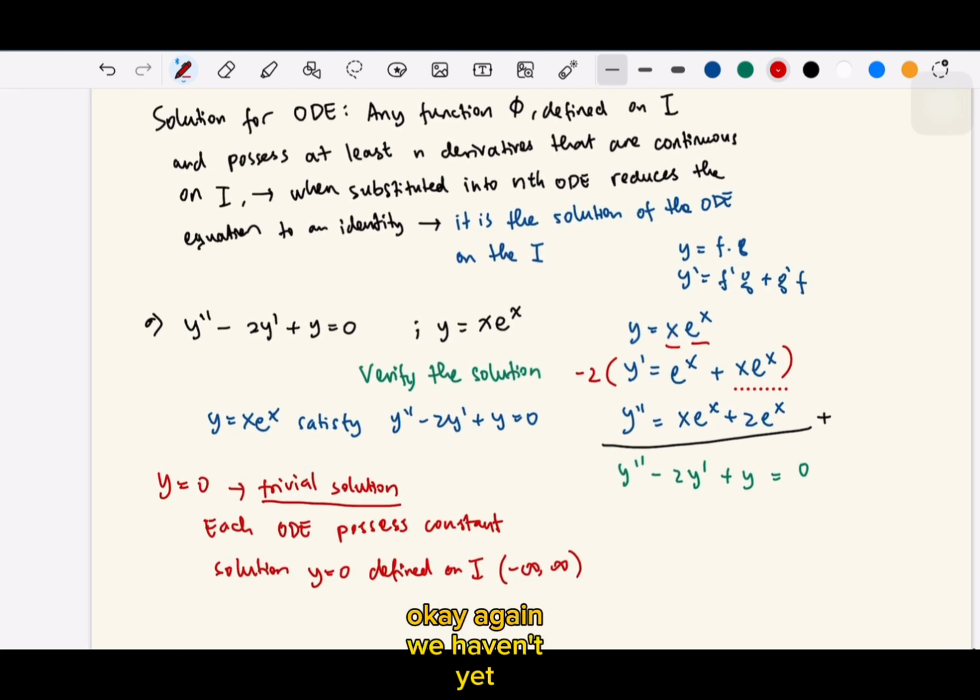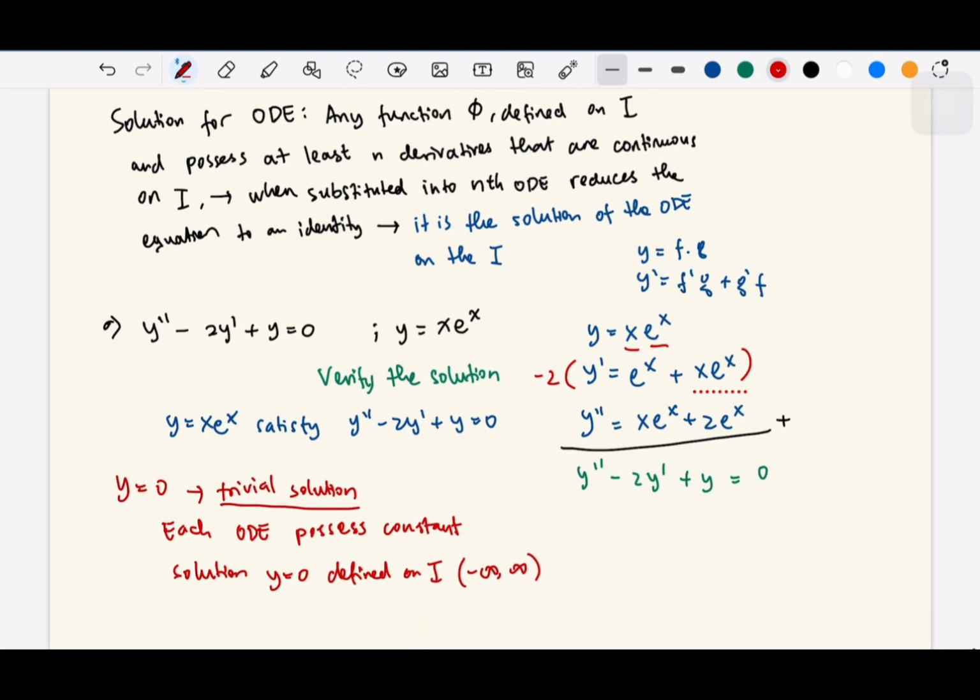Okay, again, we haven't yet gone through how to find the solution. This is just to verify the solution.